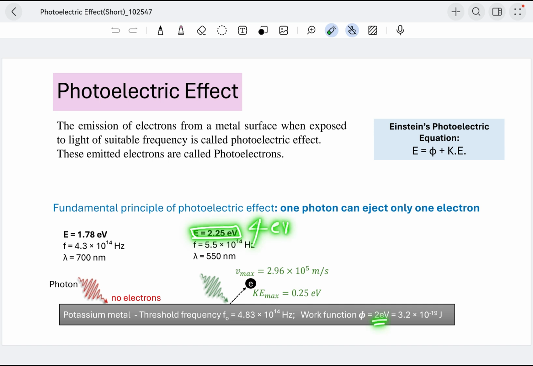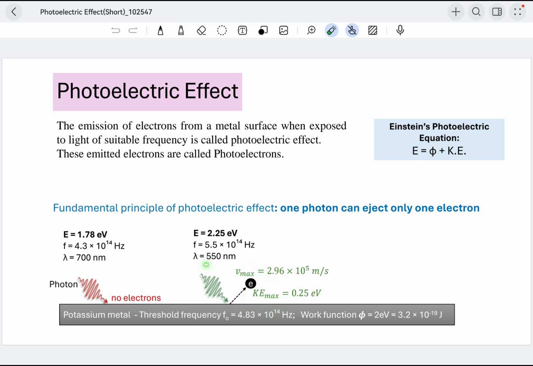So this one photon cannot eject 2 electrons. Of course it has more energy, but no, one photon can eject only one electron. So where will the extra energy go? The remaining energy will be in the form of kinetic energy. It remains with the photoelectrons.